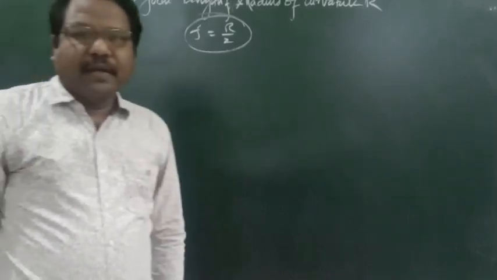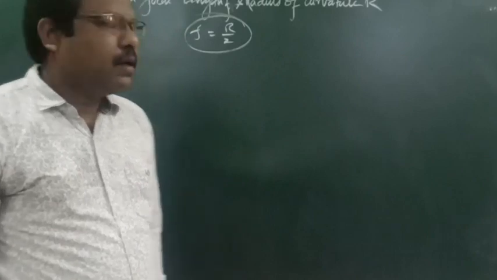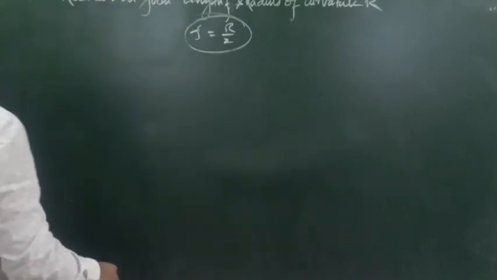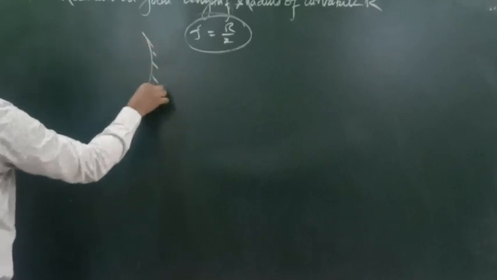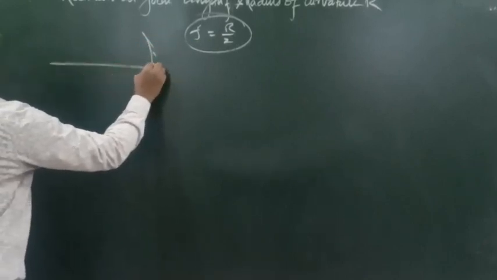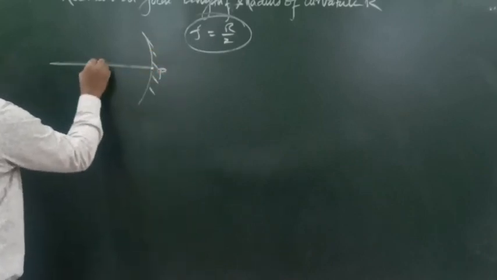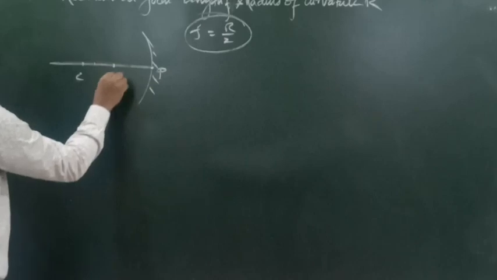Now, there is a very simple job. How can you obtain it? For that, we take a concave mirror, and suppose this is the pole, the center of curvature, and here's the focus.